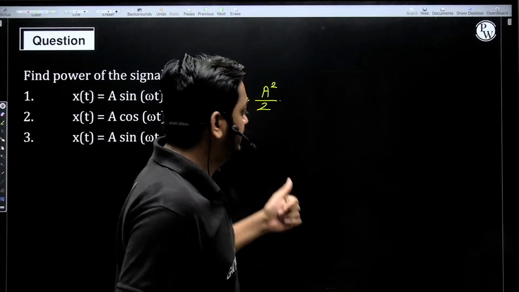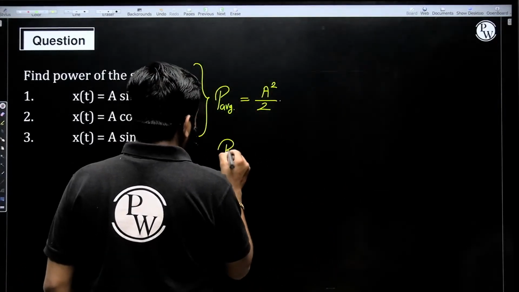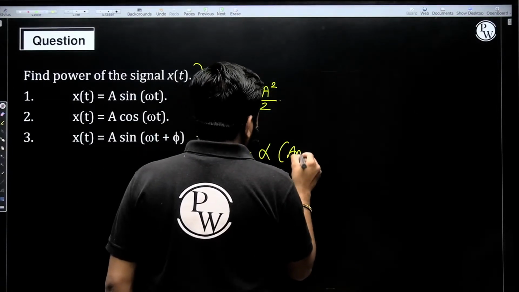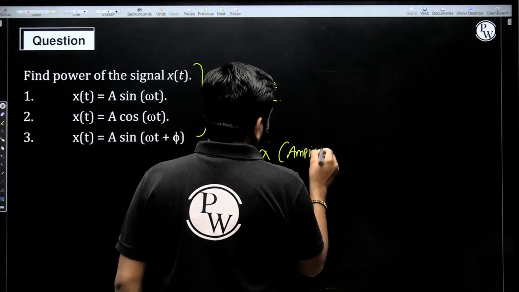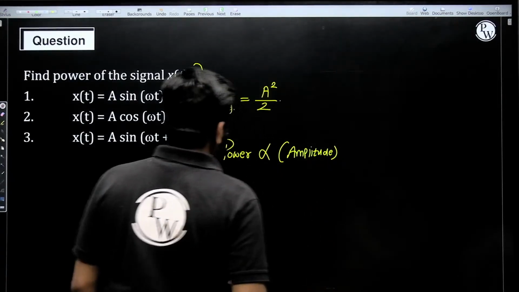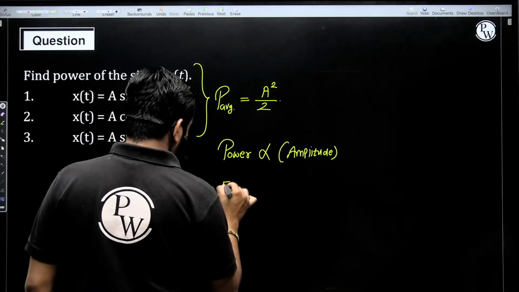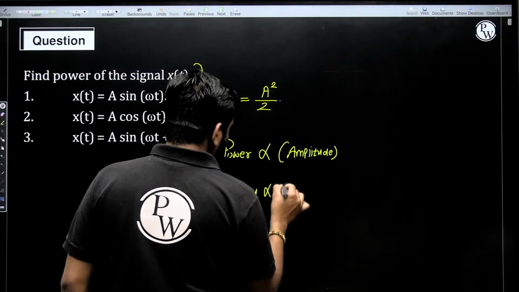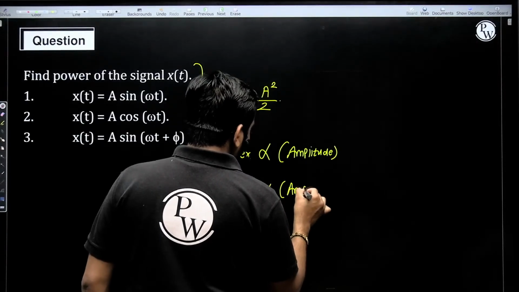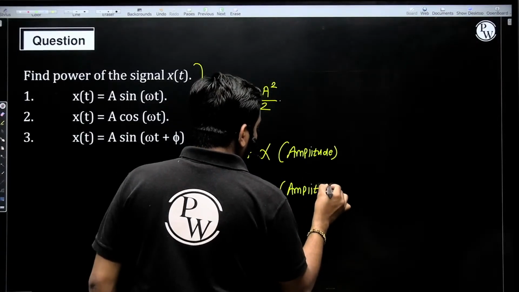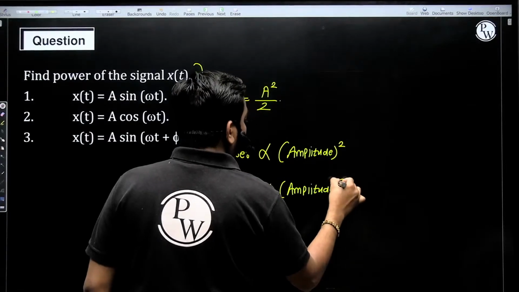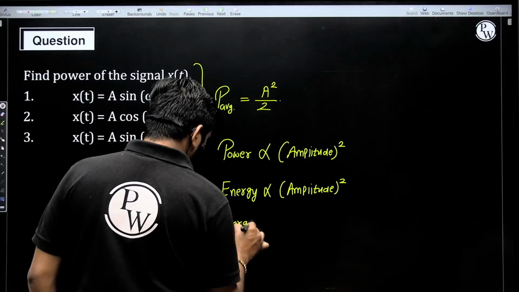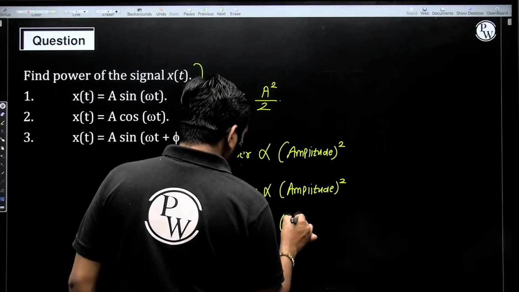But here you can see the power is directly proportional to square of the amplitude only, correct? And already we have seen energy is directly proportional to square of the amplitude and it is directly proportional to width of the given signal.